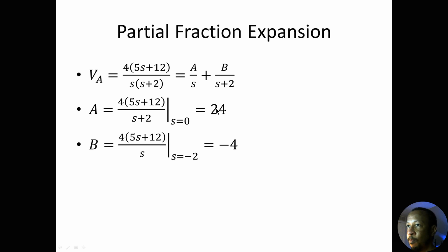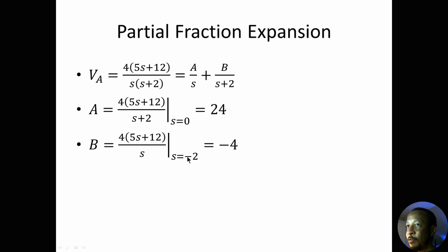You use the same type of procedure in order to derive B. So you multiply by s plus 2, and then you're left with B by itself and A over s being multiplied by s plus 2. When you put negative 2 in there, it's going to make this 0, and it's going to eliminate this.